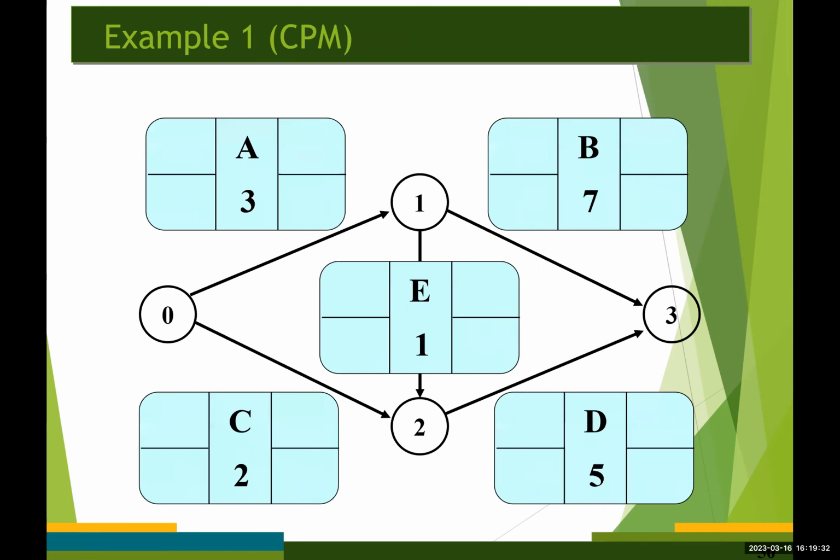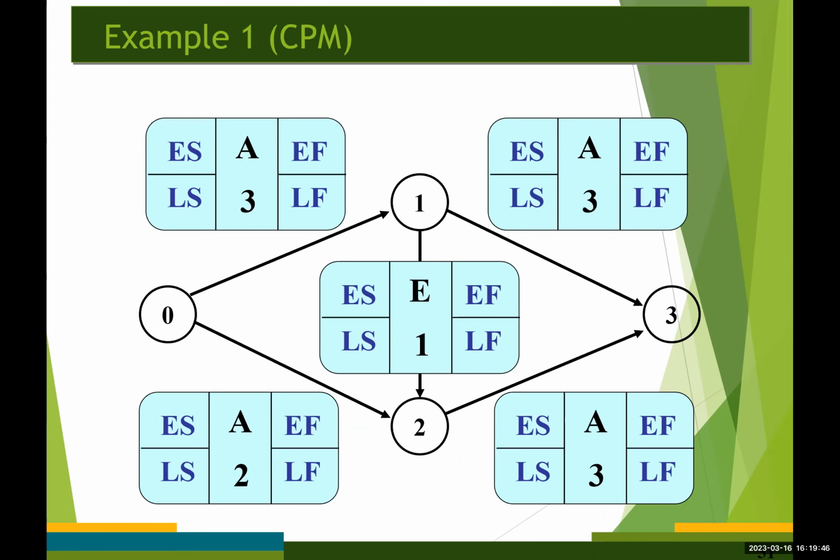Here, A, B, C, D, and E are the activity names, and the 3, 7, 2, 5, 1 are the corresponding activity durations, right? And we are going to fill in the earliest start, earliest finish, latest start, and latest finish time for each activity, one by one, okay?